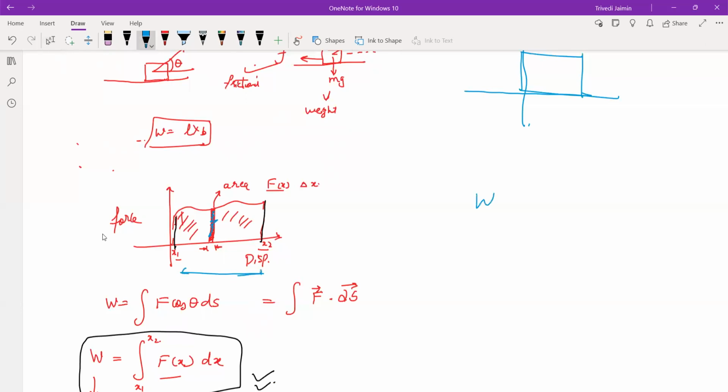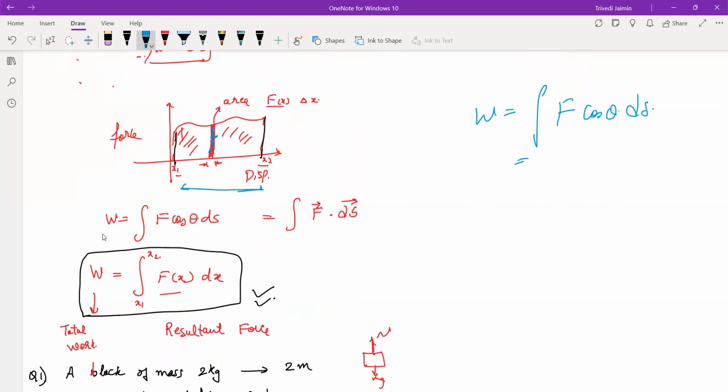That is our work, integration of force, cos theta, and small displacement, which we are taking as ds. In vector form, that is integration of F vector dot ds vector. That's what you already know.